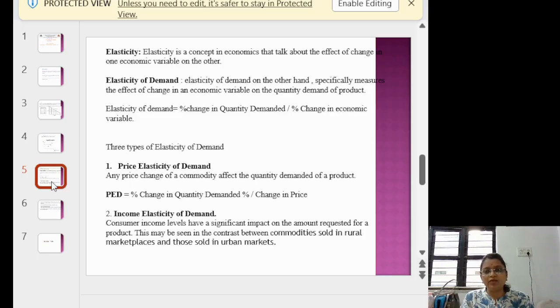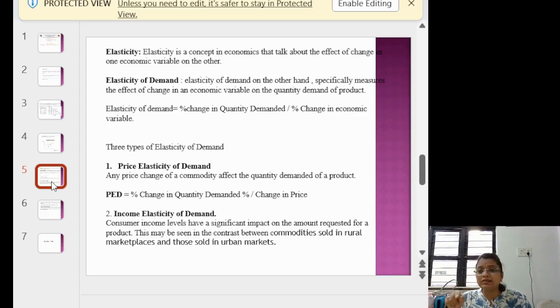In elasticity, we already discussed that it talks about the effect of change of one economic variable on the other. In elasticity of demand, we will discuss the percentage change in quantity demanded by the change in the economic variable.